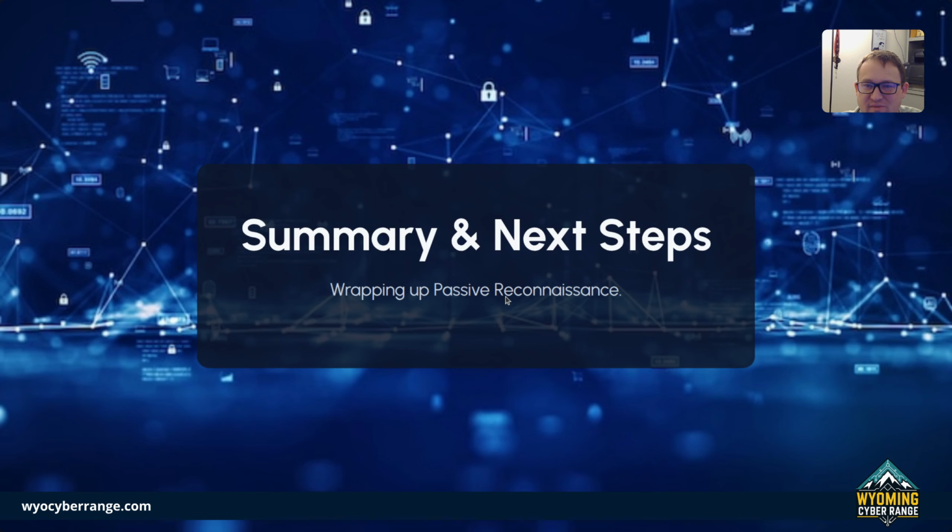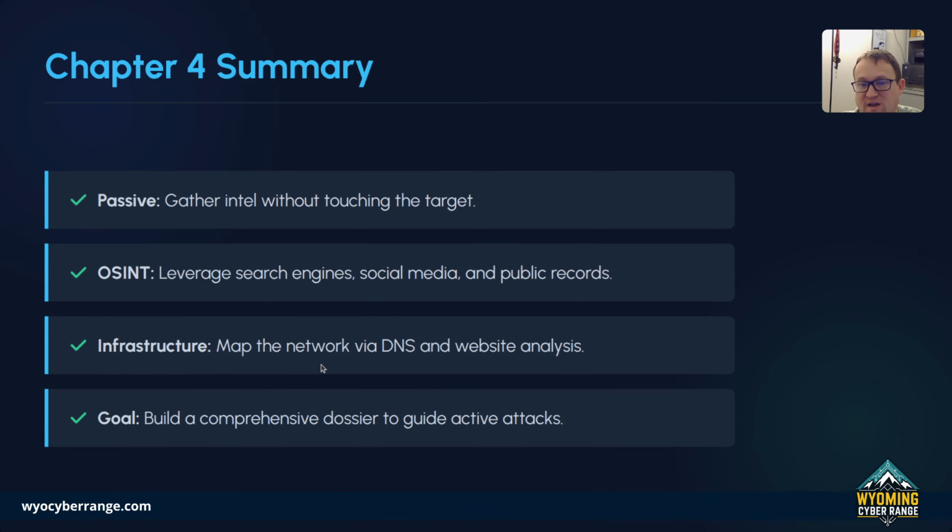So we can gather a massive amount of intel, employees, technology, IP addresses, subdomains, applications, without ever touching the target, the client. We do need to make sure that we understand how passive reconnaissance is used, and it is a bit of an art. It's pretty fun because it's one of those things that anyone can do from anywhere, sitting on the couch watching TV, and you can do reconnaissance on a company without much effort.